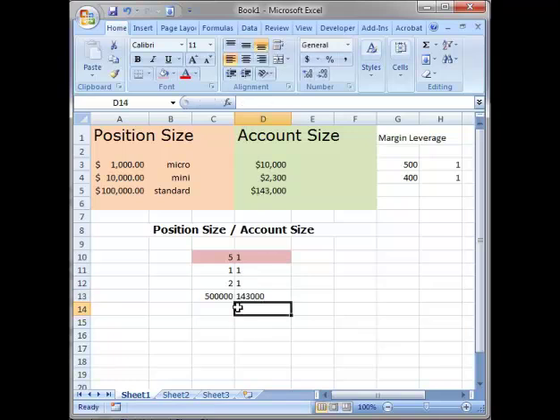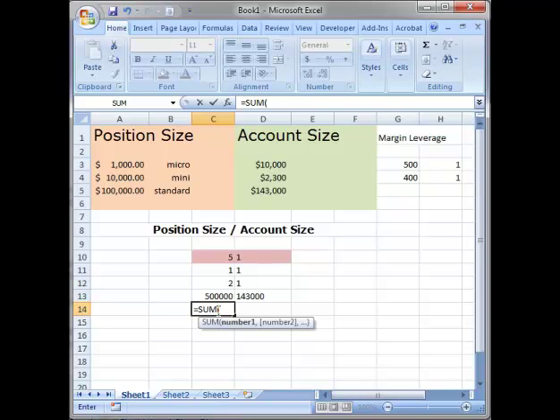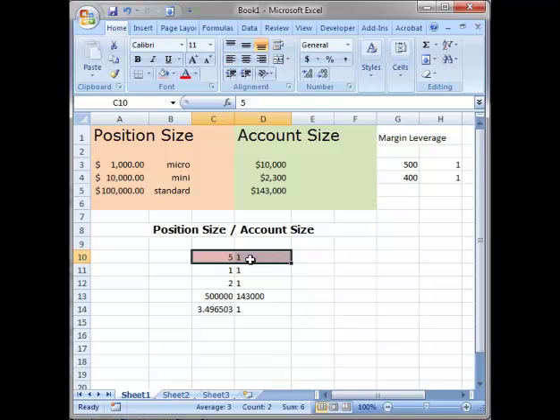So in order to find that out, we take our 500,000 and we divide that by our account size, and it tells us that we're at 3.49 and whatever to 1. Okay, so we're below our maximum of 5 to 1.